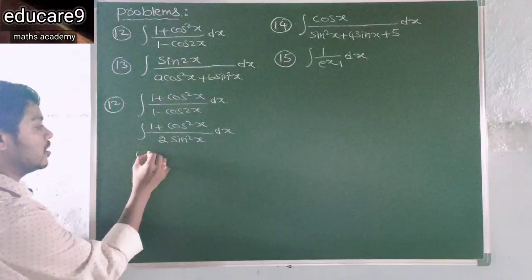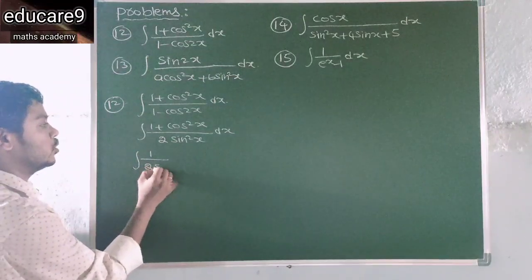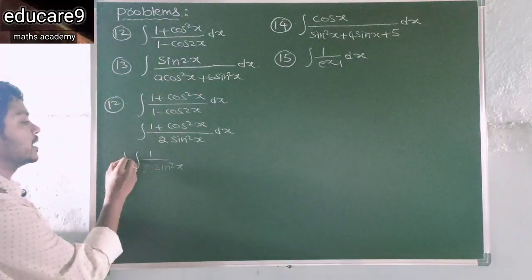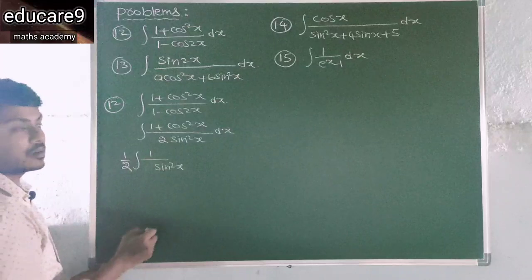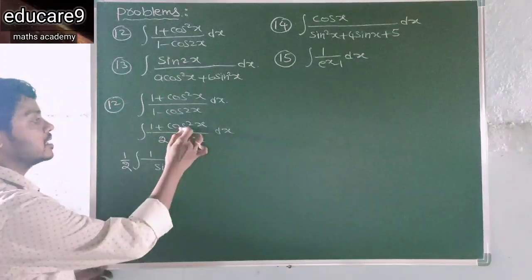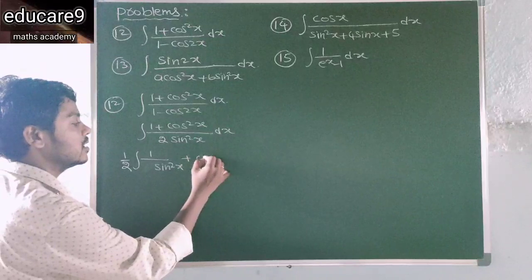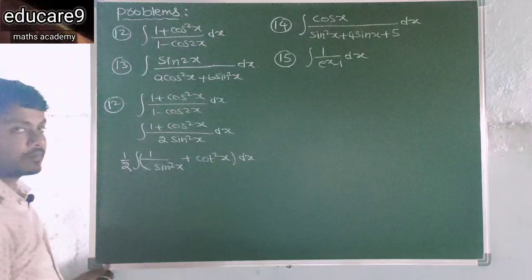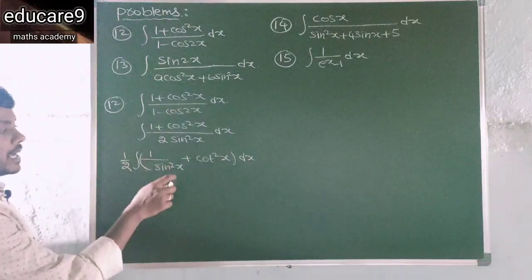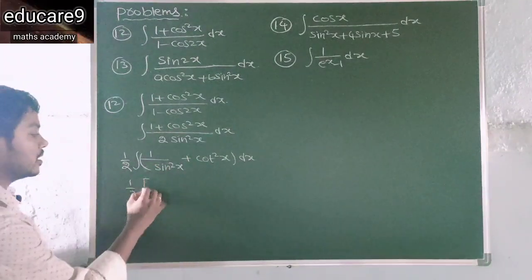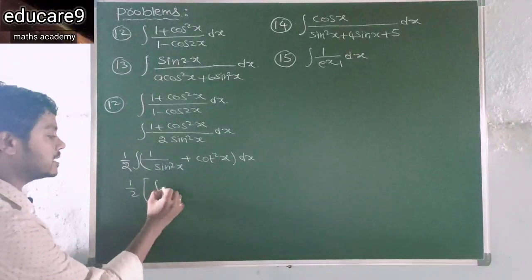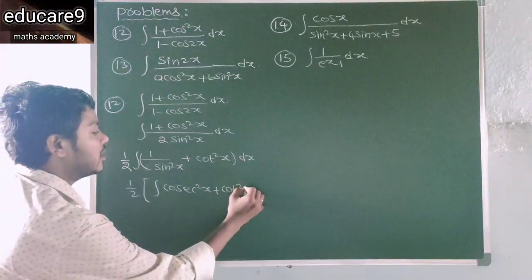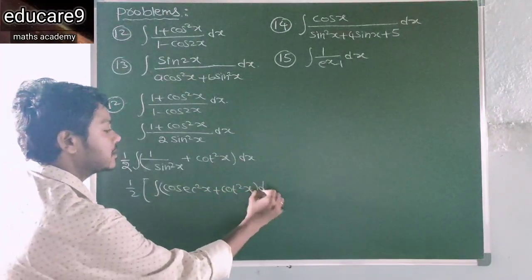What you get? 1 by 2, write 1 by 2 outside of the integration, 1 by sin square x plus cos square by sin square, that is cot square x dx. Okay. Now 1 by sin square x is cosec square x. So that is integration of cosec square x plus cot square x dx.